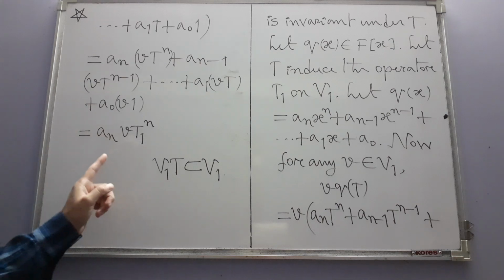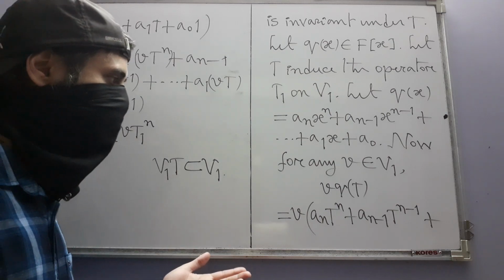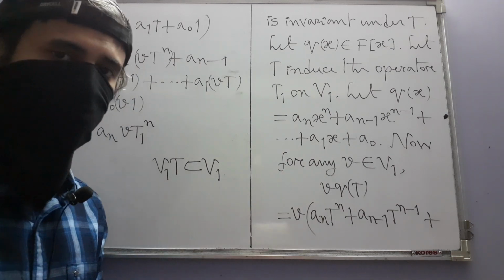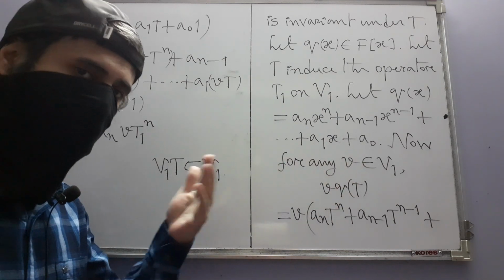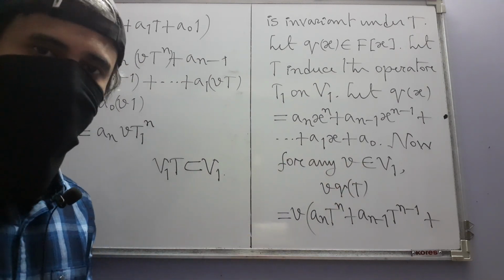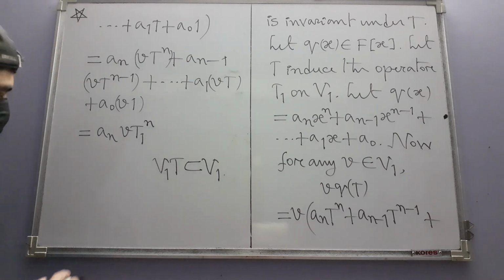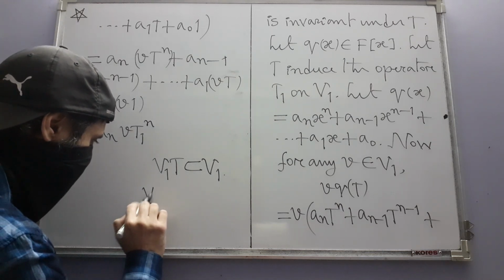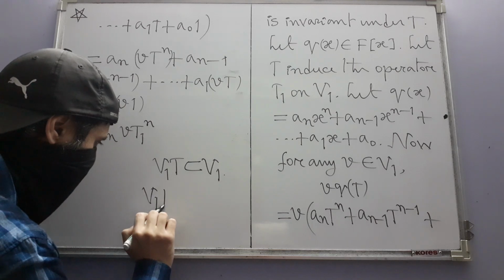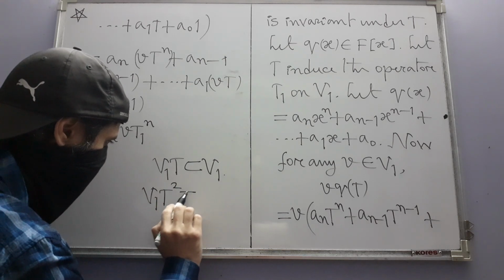So, no matter how many times you apply our operator T on a vector which is coming from V1, the result is going to lie in V1 every time. And that is why, because of this fact, this is also true.